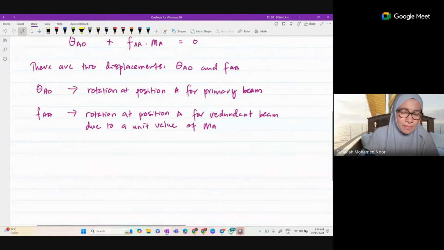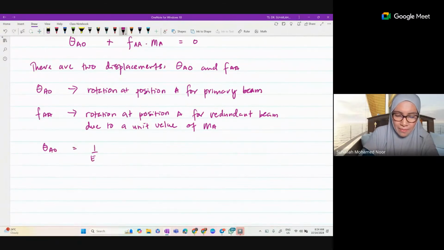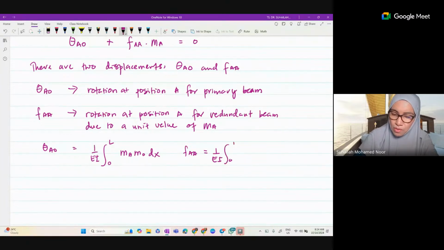For the formula, theta A naught, we integrate from 0 to L, with two moments, MA and M naught, dx. And FAA is equal to 1 over EI, integral from 0 to L of MA squared dx.